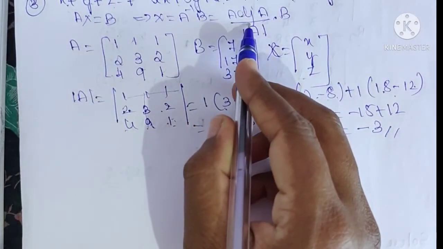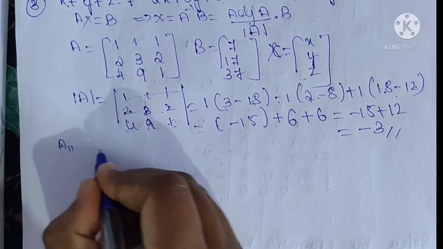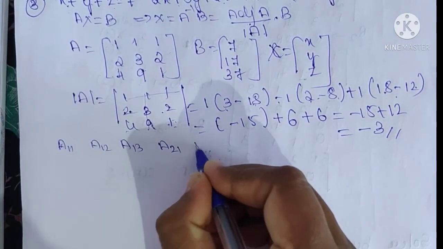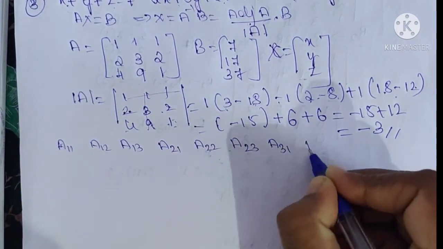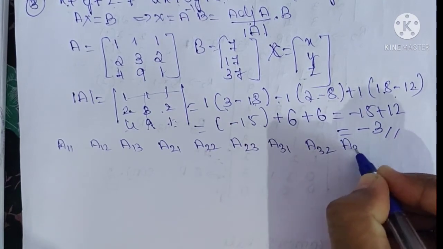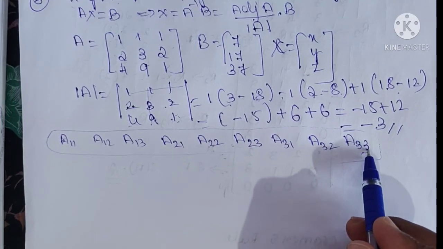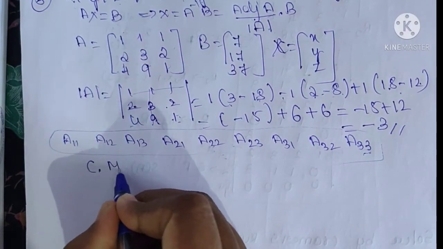Now you have to find the adjoint. To find the adjoint, first we have to calculate A11, A12, A13, A21, A22, A23, A31, A32, A33. You already know how to solve these. After calculating all these values, we have to write the cofactor matrix.